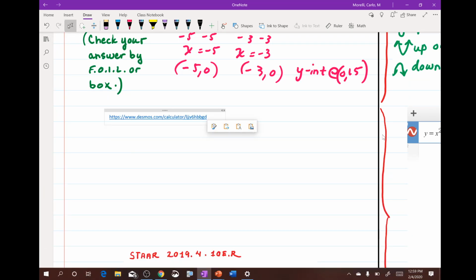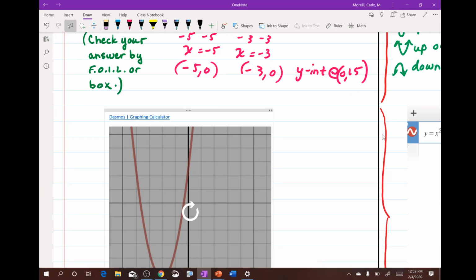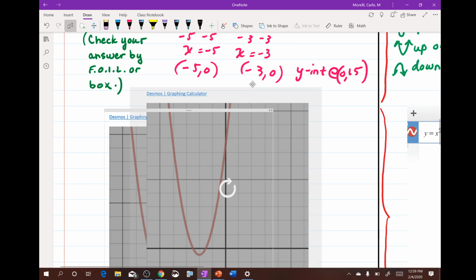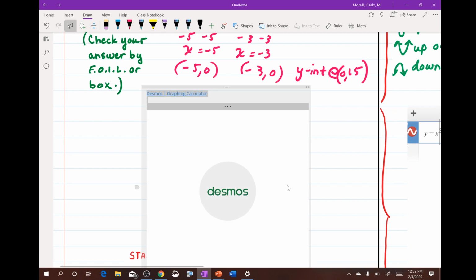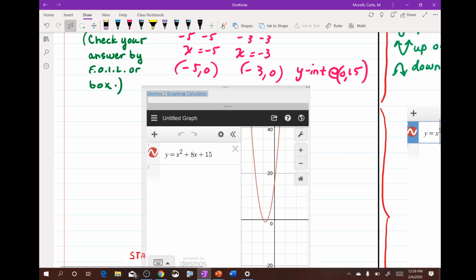Watch this. Watch what happens. Ready? It's going to load Desmos inside OneNote. You can do it too. So watch this. It's going to load the graph. Check this out. So now in Desmos, look. In Desmos, I just want to make this bigger.